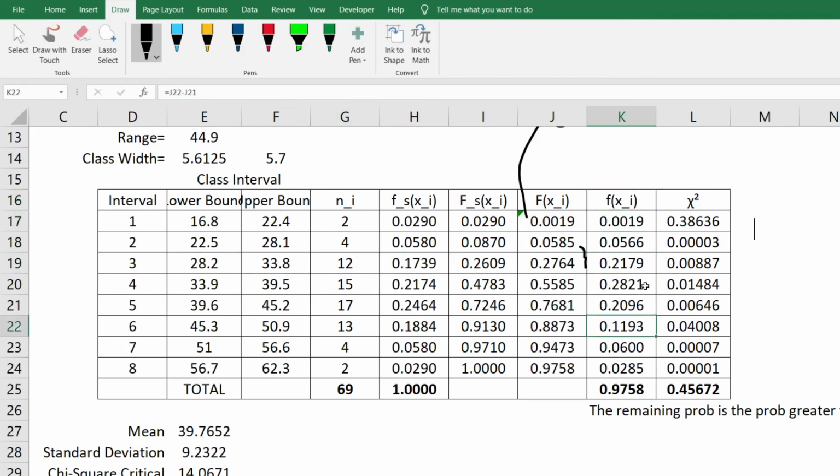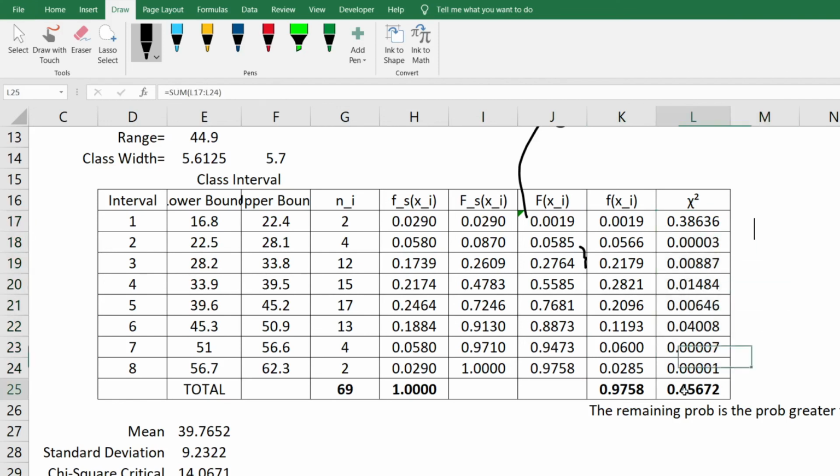Yan. Okay? And then, kagaya ng ginawa natin sa normal, yung chi-square, observed minus expected over expected square. Ang observed natin ay ito, since this is coming from our data. Ang expected natin ito, this is coming from the Gumbel distribution. So i-subtract natin, square, divided by expected, we should come up with the following chi-square.